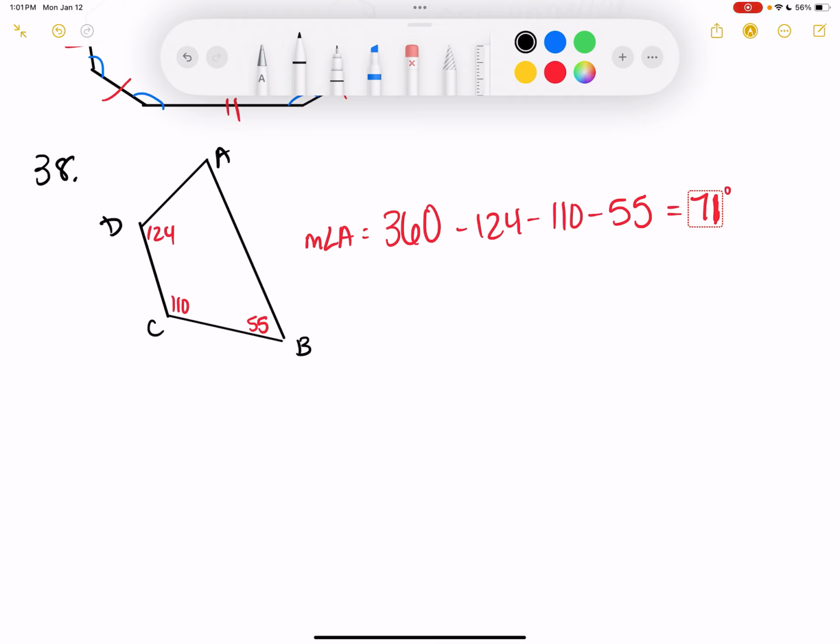Use the information to solve for x. So this one is going to be a little bit more involved. 42. We're just going to draw it a little sideways. It's fine.